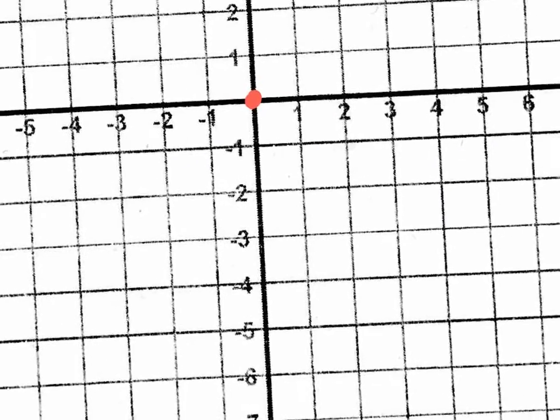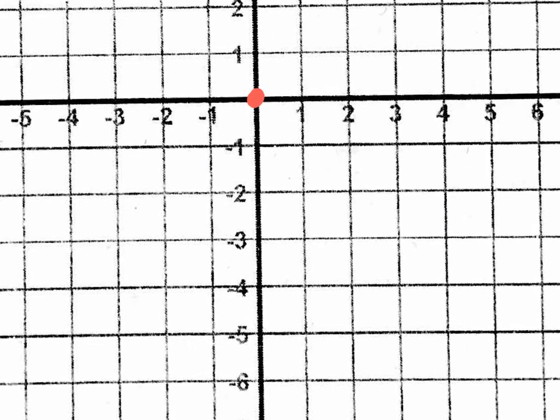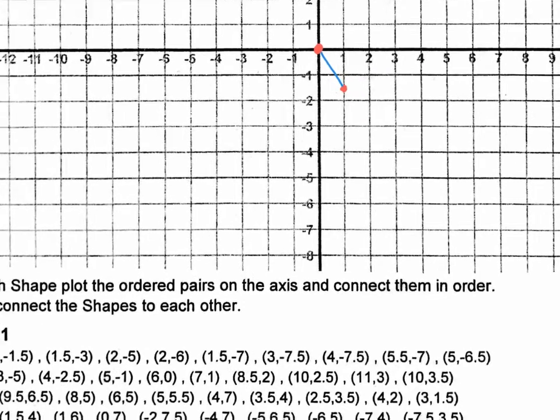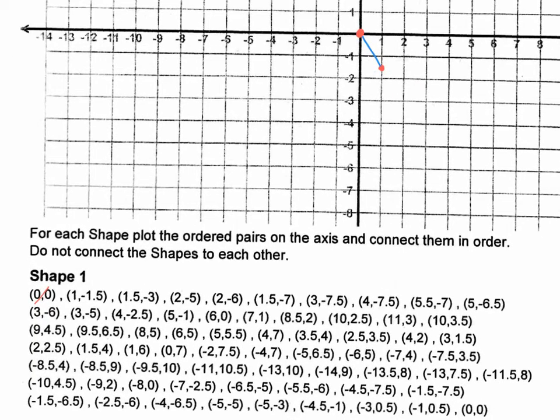So that's 1 on the x, negative 1.5 on the y. So 1, negative 1.5 is right here. And what you have to do is connect the dots as you go. All right? So once you connected the first one to the second one, then you could cross out the second coordinate. And then you can move on to the third coordinate.